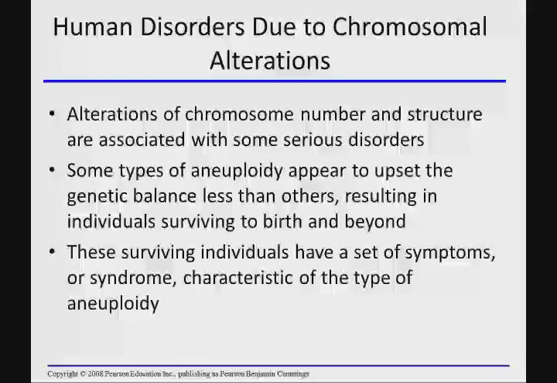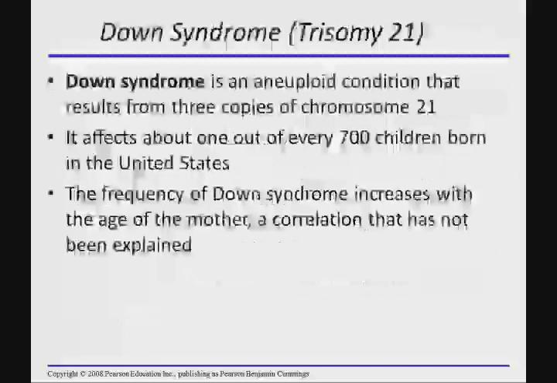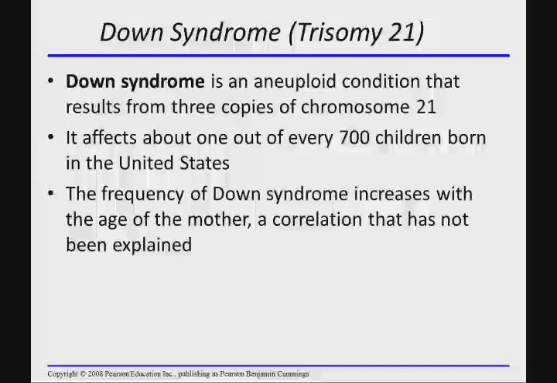Now, let's look at some of the human disorders that are due to chromosomal alteration. So we're going to look at trisomies. First, trisomy 21. This is Down syndrome. We have an aneuploidy condition, 3 copies of chromosome 21. This is probably the most common trisomy in humans, and certainly is viable.